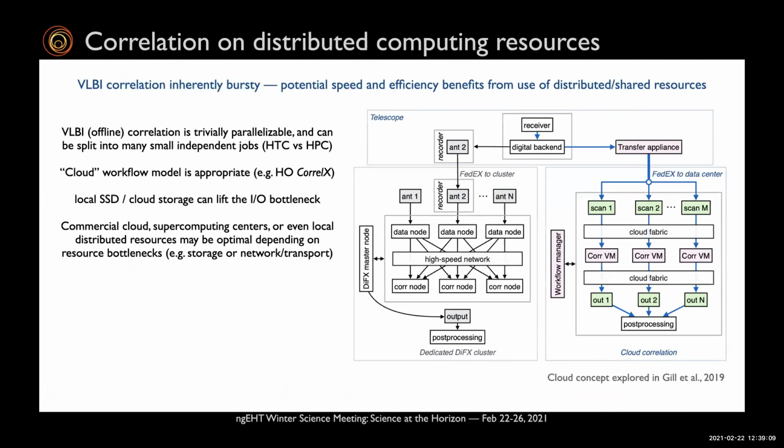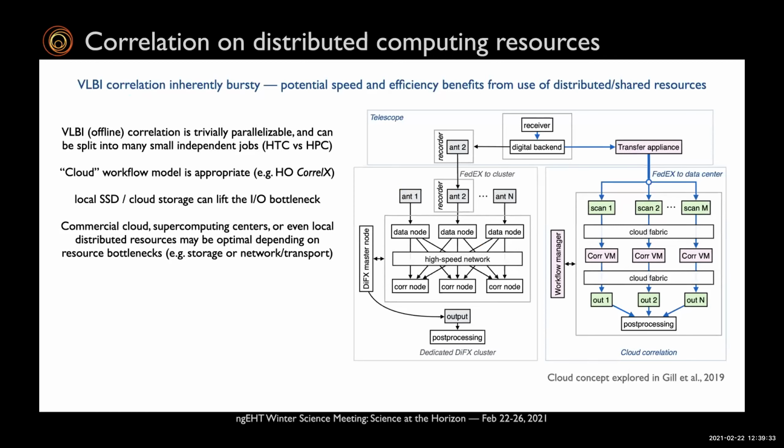Okay, so a little bit about correlation on distributing resources. We also want to increase the speed of correlation. As Shep mentioned, we are increasing the data quite a bit, and the correlation can become a bottleneck. The VLBI correlation itself is inherently bursty, so using distributed resources can provide speed and efficiency benefits.